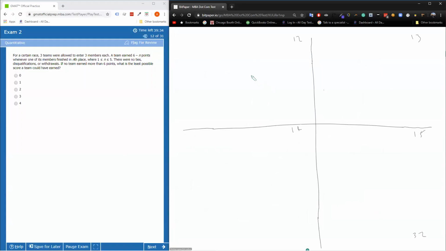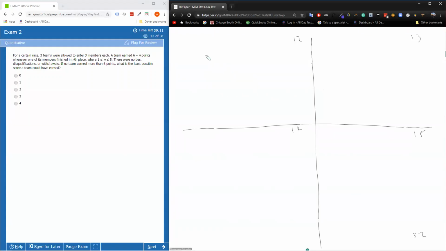For a certain race, 3 teams were allowed to enter 3 members each. A team earned 6 minus n points whenever one of its members finished in nth place, where n is between 1 and 5 inclusive. There were no ties, disqualifications, or withdrawals. If no team earned more than 6 points, what was the least possible score a team could have earned?